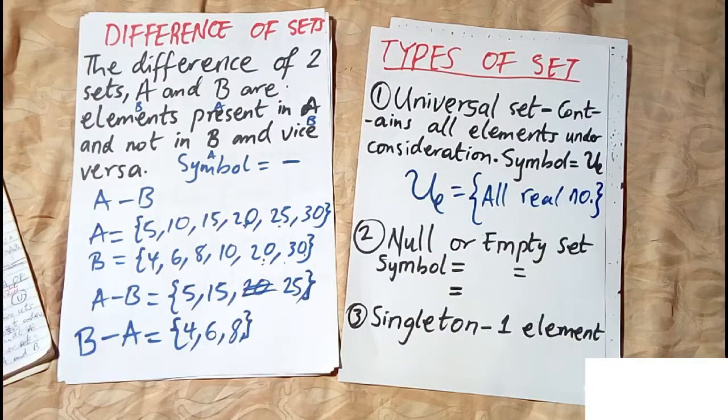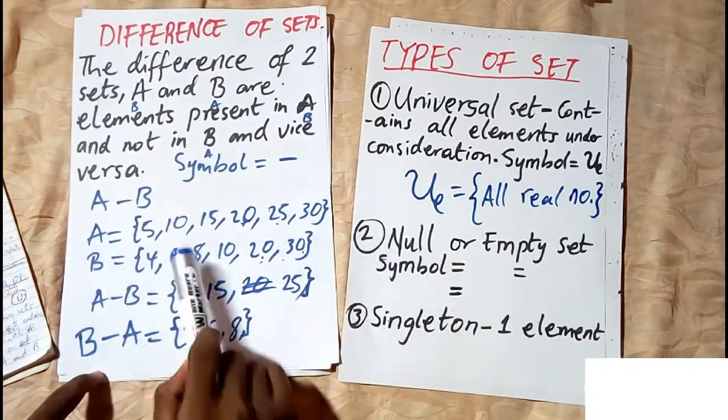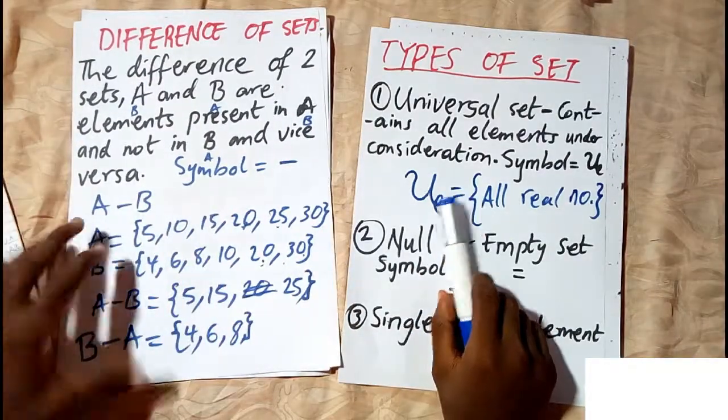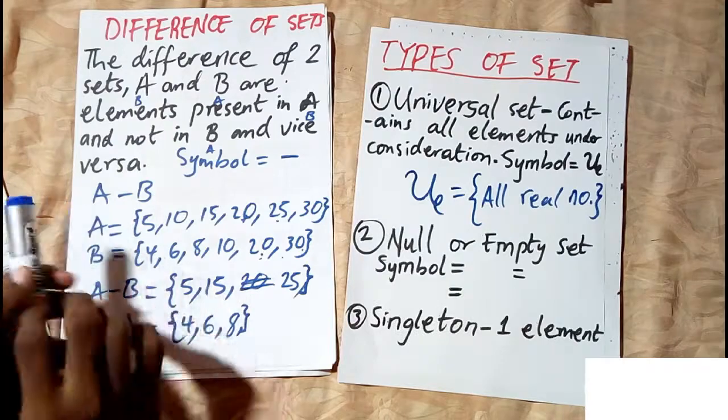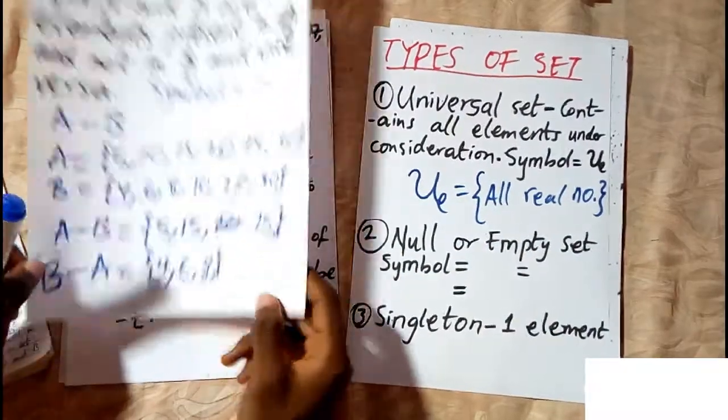We are considering 5, 10, 15, 20, 25, 30, 4, 6, 8, or whatever, but we can find all of them in our universal set. It contains all elements under consideration.